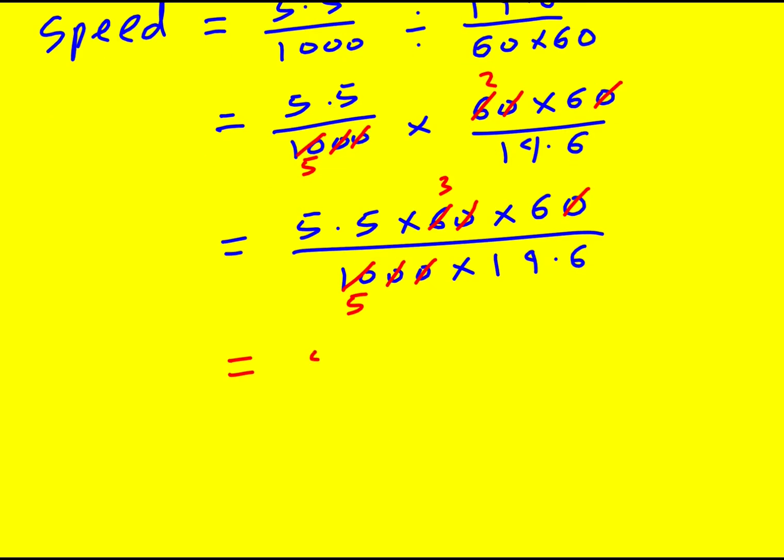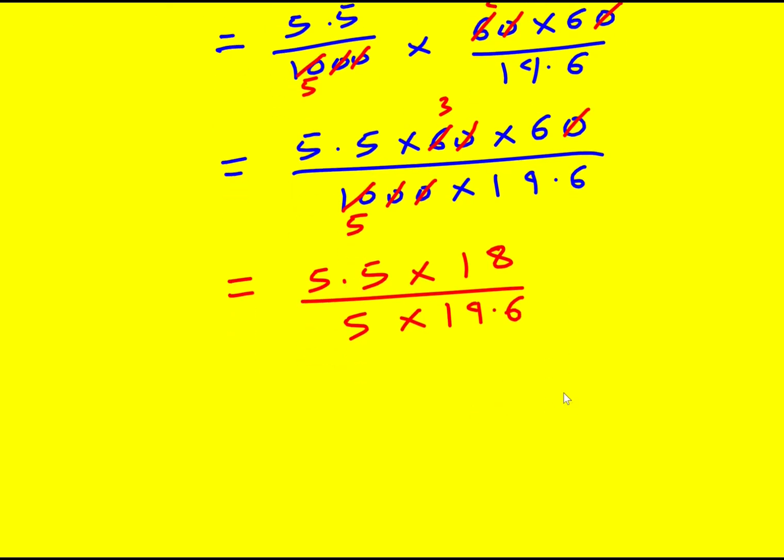So that's going to be 5.5 times 18 over 5 times 19.6. Now, to be honest, when I was doing this question, because I'm just looking for an estimate, I basically rounded at this point.